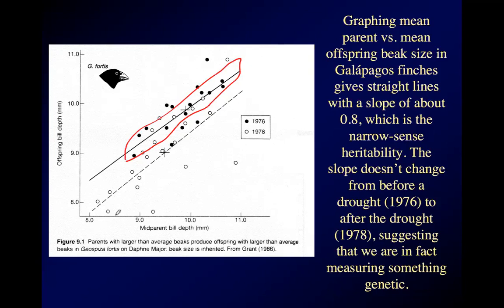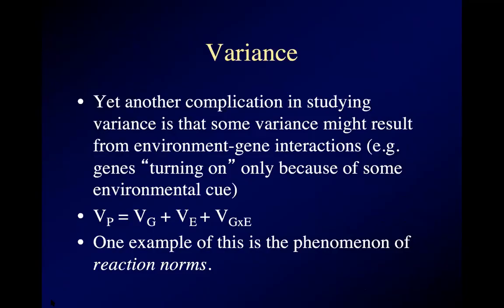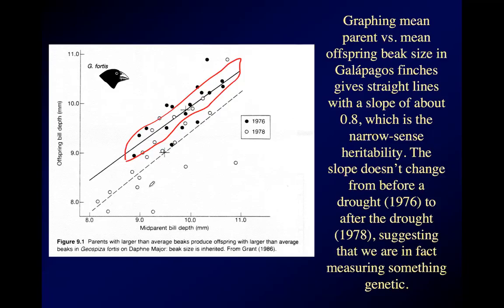In 1978, that was after a big drought, and drought exerted selection because drought drastically affects the seeds that were available. In 1978, your regression line is down there.